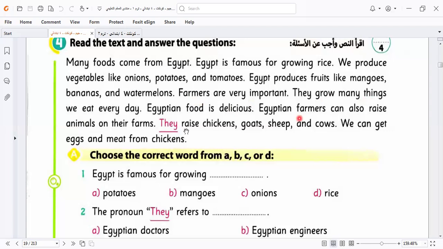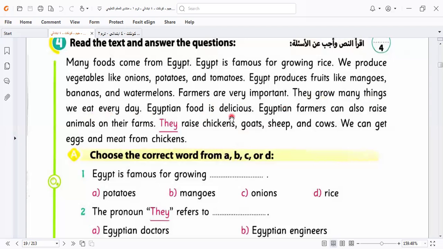They grow many things we eat every day. If we don't have a farmer, we can't eat anything, and we can't have food in our homes. So farmers are important for us. Farmers are very important. They grow many things we eat every day.